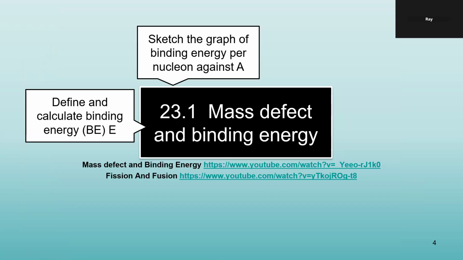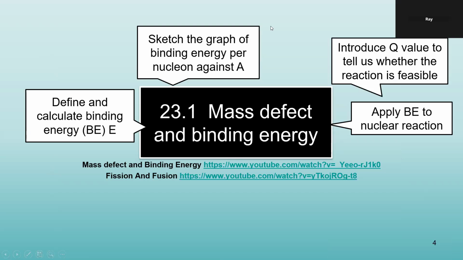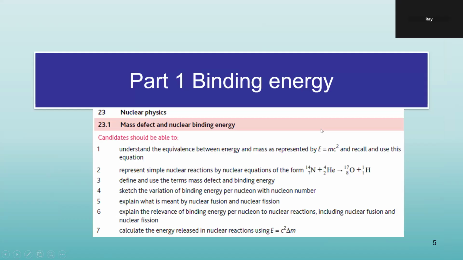Then sketch a graph of binding energy per nucleon. Apply the binding energy to nuclear reaction. Introduce Q value to tell whether the reaction is feasible. Application to fission and fusion. Okay, that's the syllabus.